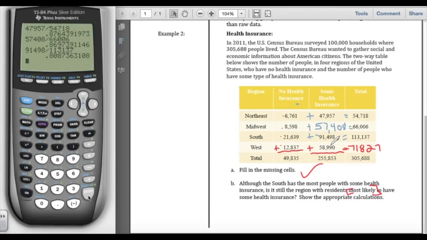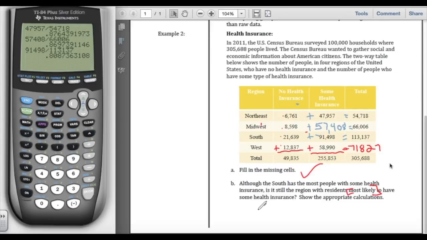I don't have to go down any farther because I know that the South is not the region with residents most likely to have some health insurance. The Northeast is at 87 or 88%. The Midwest is at 87%, and the South is only about 81%.